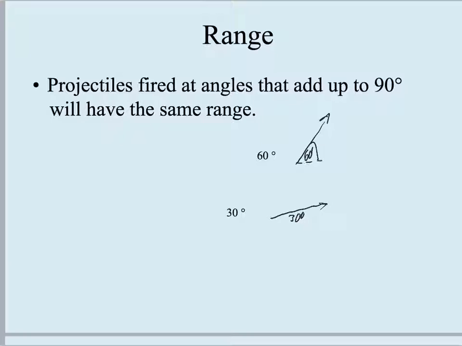Even though the x component of the 60 degrees is going to be a lot shorter than the Vx component of the 30 degrees, this one is going to spend more time in the air. The 30 degree doesn't spend as much time in the air, but is moving forward at a faster rate. So what happens is they both end up with the same range.